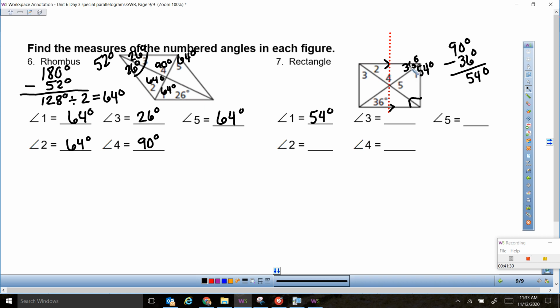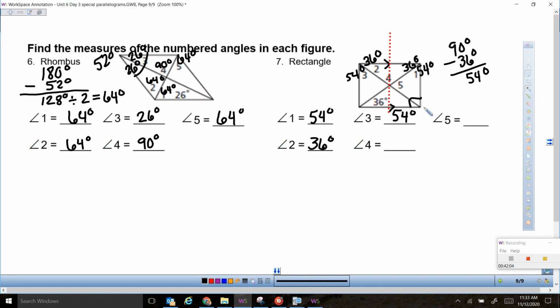So if this angle is 36, which angle over here is also 36? Angle 2 by symmetry. So angle 2 is 36 degrees. And if I fold it over, the 54 degrees matches up to angle 3. So angle 3 is also 54 degrees.